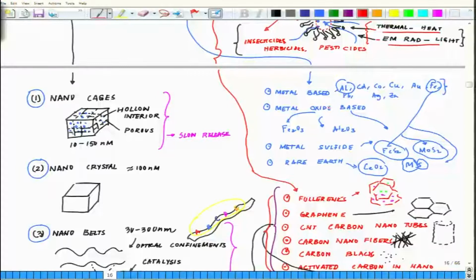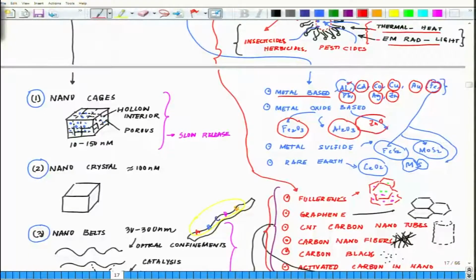Then we talked about the metal based nanomaterials, or the inorganic nanomaterials, and within inorganic we talk about metal based, where we talked about aluminum, cadmium, cobalt, copper, silver, iron, zinc, lead. Similarly, in terms of the metal oxide based, Fe2O3, Al2O3, zinc oxide, ZnO, copper oxide, CuO.